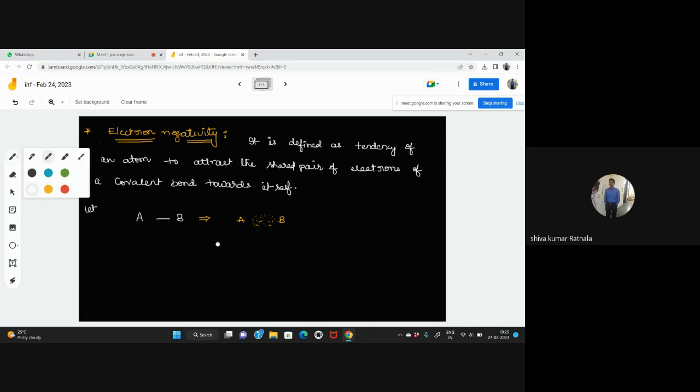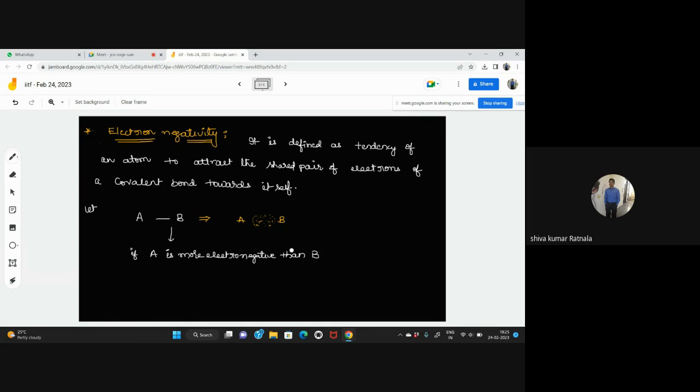So if A is more electronegative than B, that means the electronegativity of A is more.